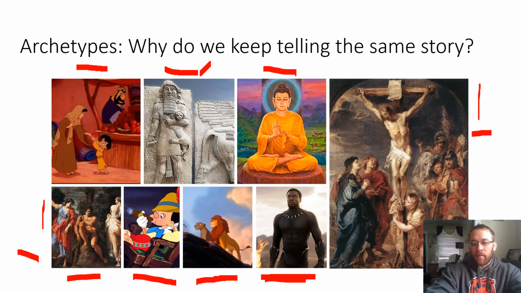In the Black Panther film, which I'm not as familiar with, I don't remember the king's name. So they're going back to fill their father's shoes. And Pinocchio's doing the same thing.